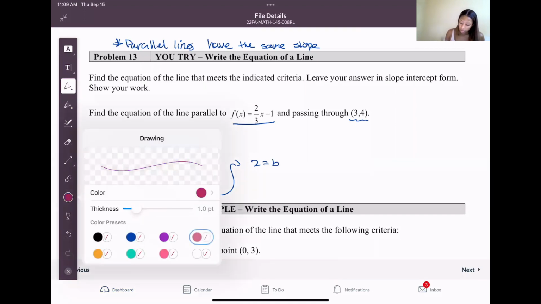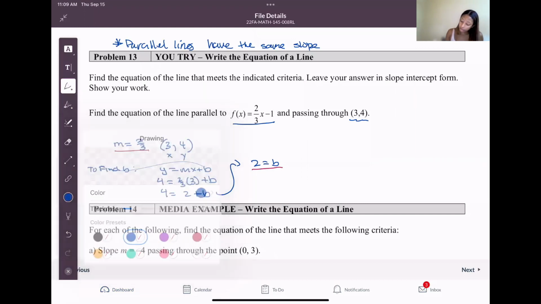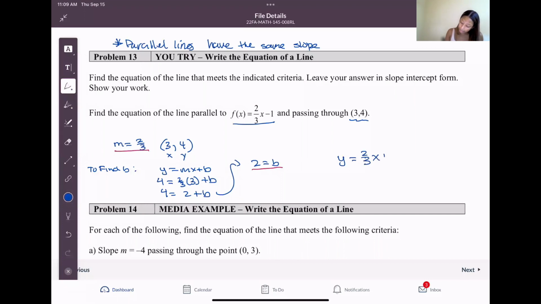All right, now remember, we're coming up with a new line. It has this slope, 2/3, and now we just found that it has this y-intercept b. Putting those together, we get y equals 2/3 x plus 2. This is a line that's parallel to y equals 2/3 x minus 1. They're parallel because they have the same exact slope. But our new line crosses through the point (3, 4).